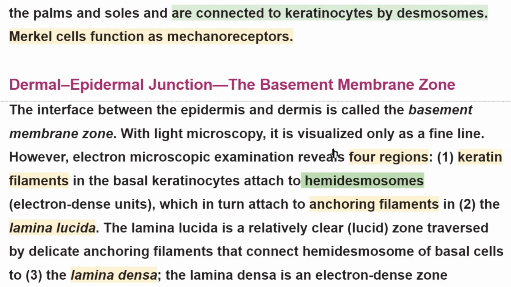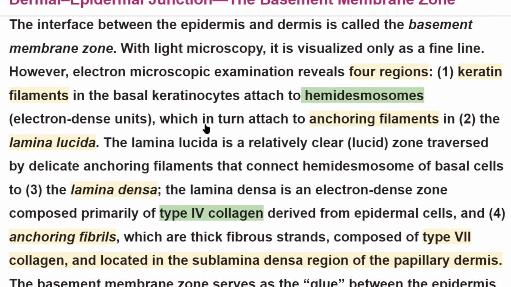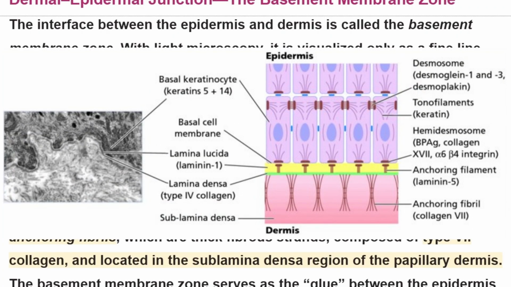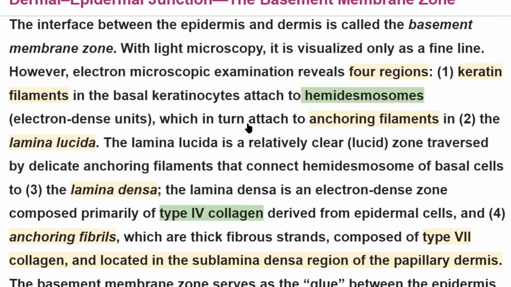With light microscopy, it is visualized only as a fine line. However, electron microscopic examination reveals four regions: keratin filaments in the basal keratinocytes attached to hemidesmosomes, electron-dense units, which in turn attach to anchoring filaments in the lamina lucida.